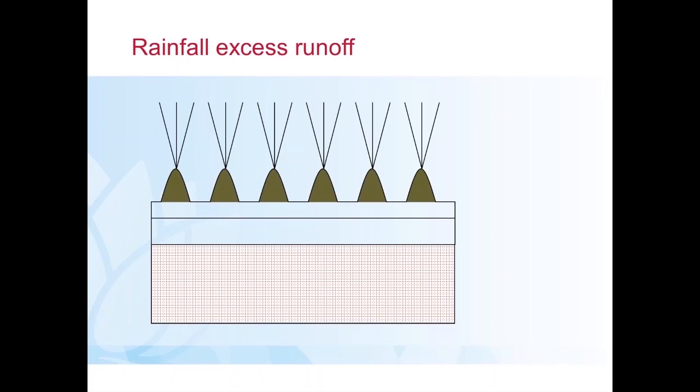So what you see on the screen is my attempt at drawing some sugarcane rows with some sugarcane hills to explain to the faculty what rainfall excess was. Rainfall excess is when rainfall exceeds the infiltration capacity of the soil and you get excess water ponding on the surface of the soil and then running off.